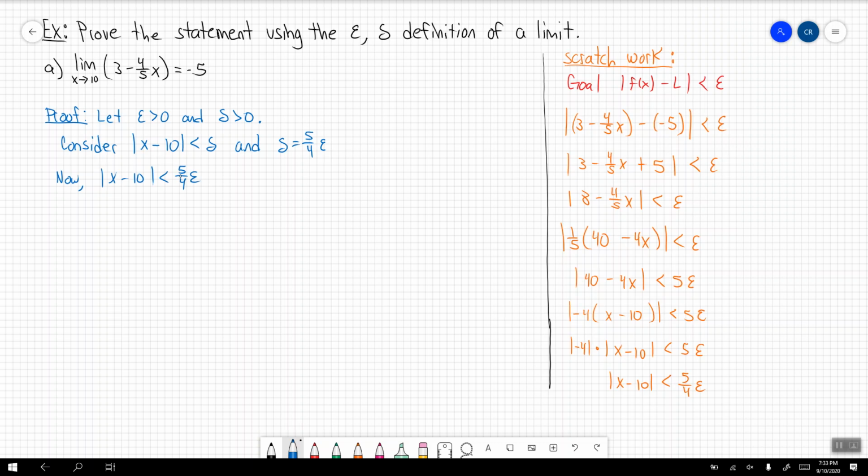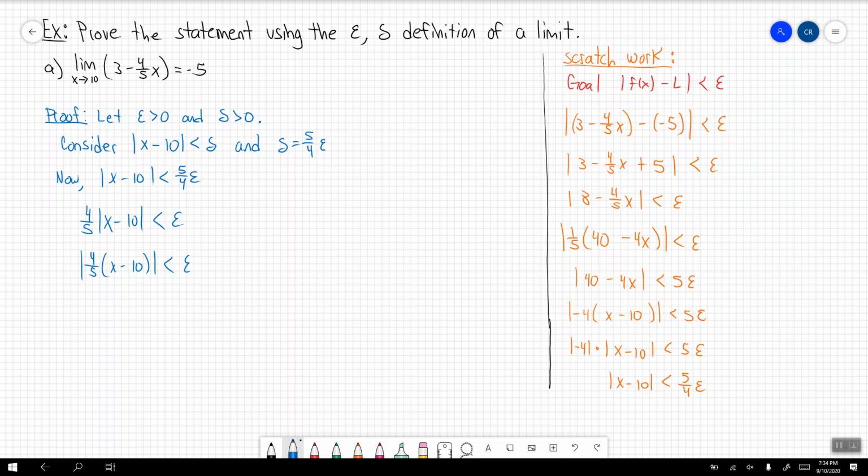Now all I have to do is multiply both sides by its reciprocal, which will then get me 4/5 multiplied by the absolute value of x minus 10 is less than epsilon. And here's the trick, everybody.